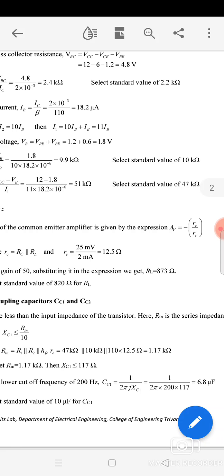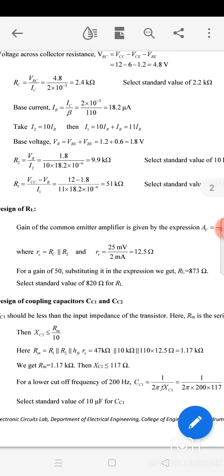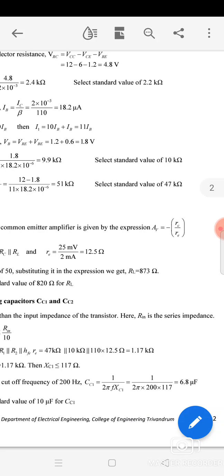That range is enough in the amplifier circuit to perform good amplification.